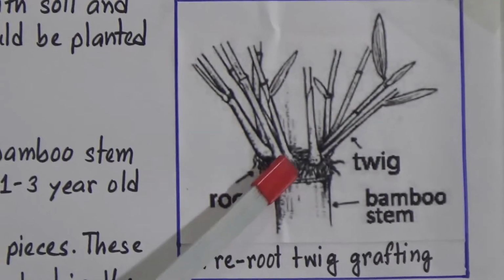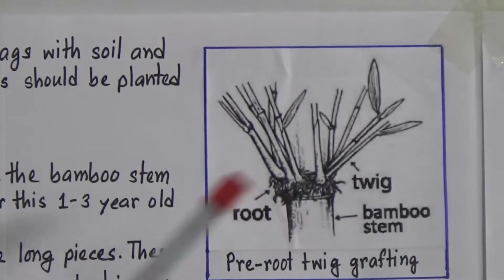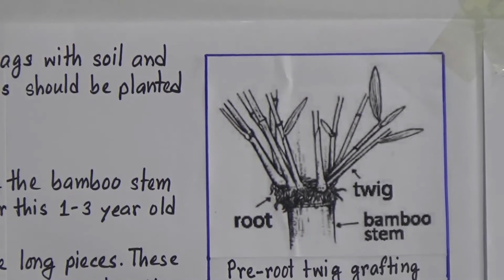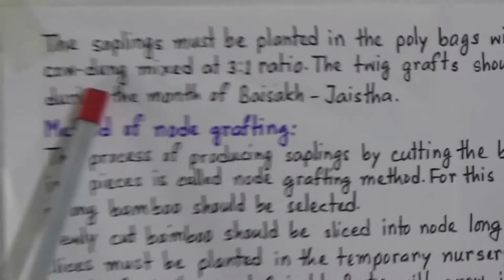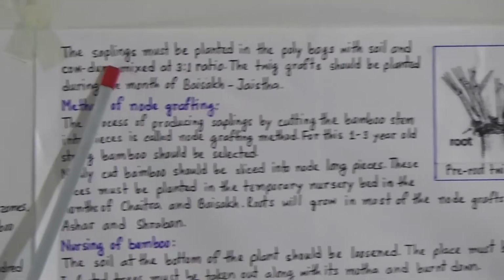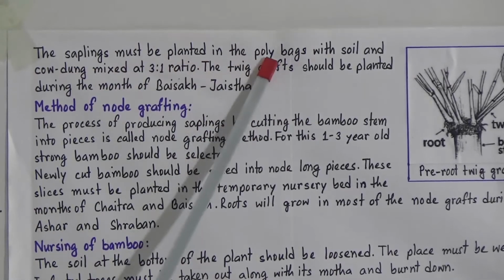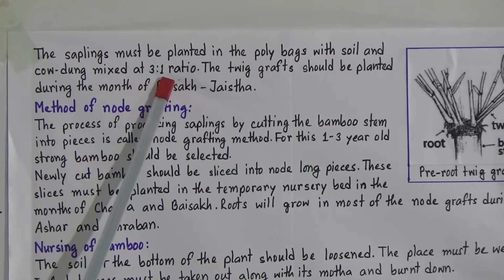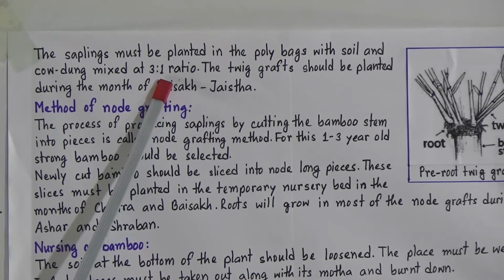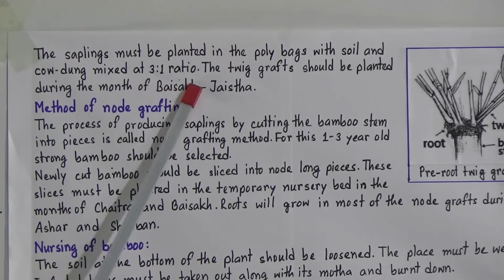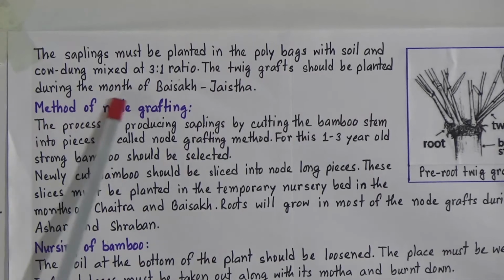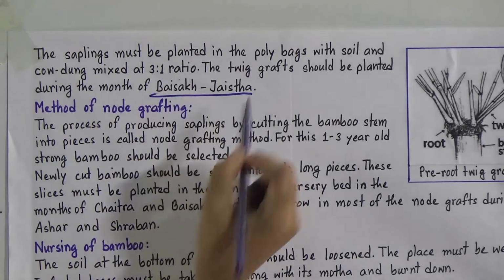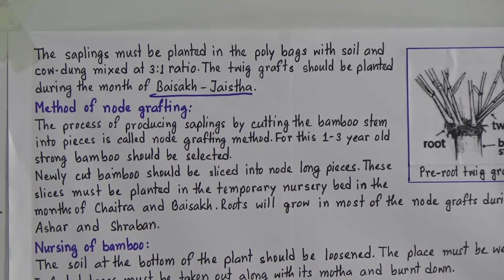Sometimes the roots develop at the bottom of the bamboo naturally, and then when we get the saplings they must be planted in the polybags with soil and cow dung mixed at 3:1 ratio, the same ratio which is mentioned in the motha or offset method. And the twig graft should be planted during the month of Boishakh, Jyeshtha. So this is the best time for planting the twig.